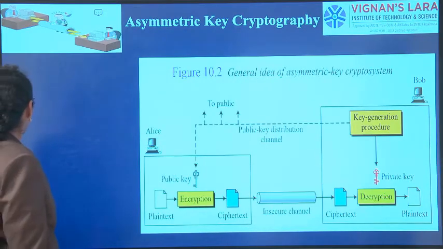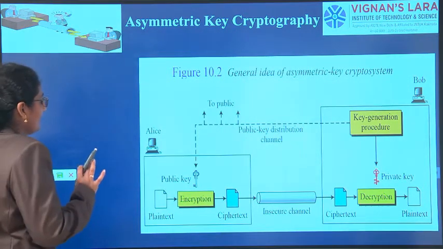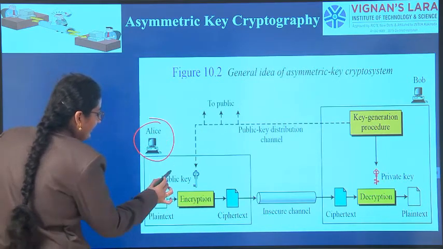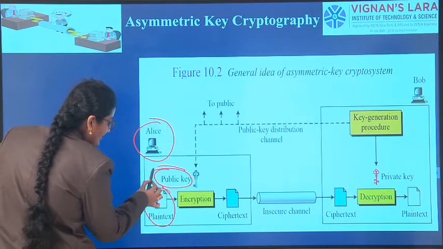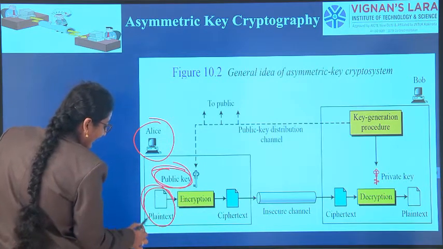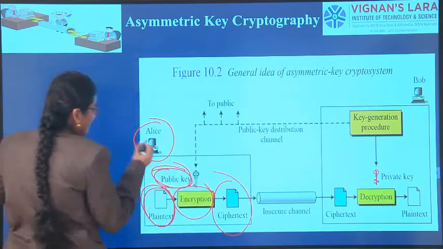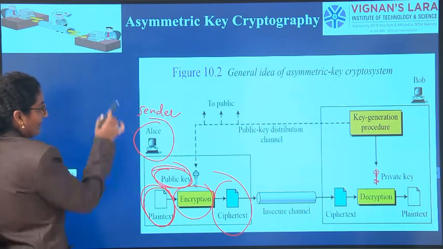So see here, what is actually happening internally in asymmetric cryptography. Alice is the person who has the public key and the plain text. Using the public key, the plain text is encrypted, so we get cipher text. So here Alice is the sender, in this example only.